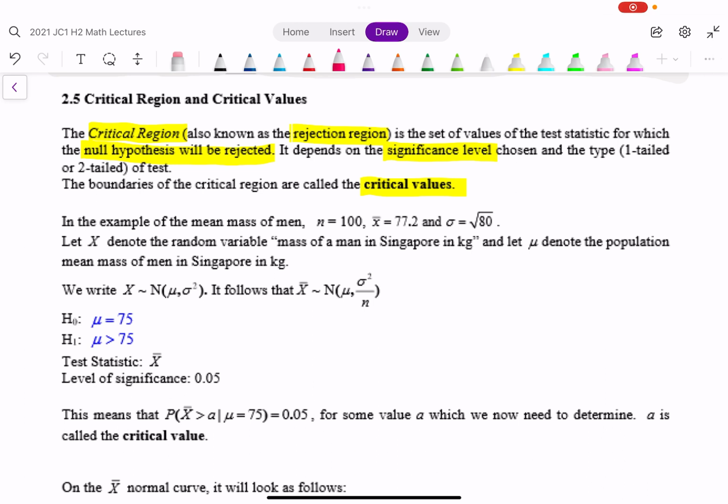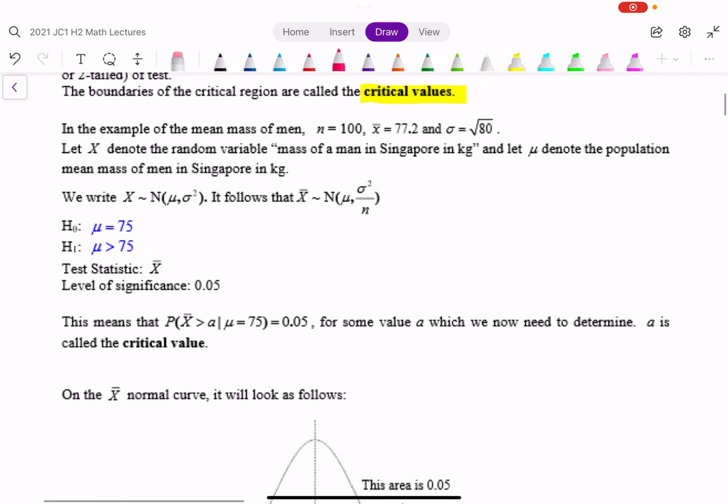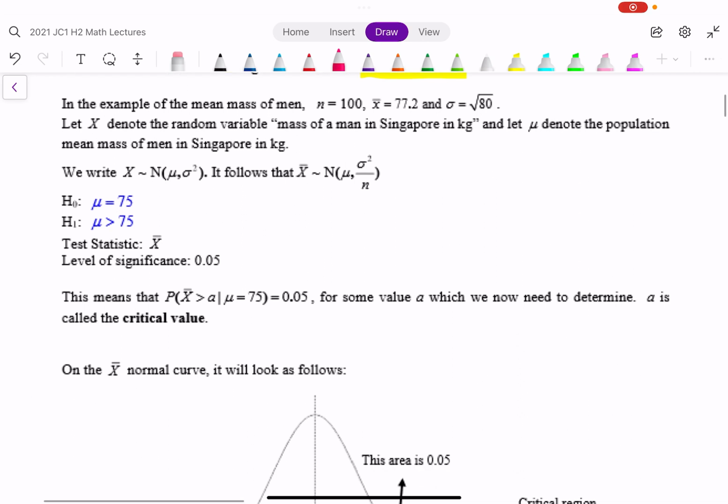We are going to do a test to see whether the population mean is 75 or more than 75. Our test statistic is X bar, and we are given that the significance level here is 5%, or 0.05.